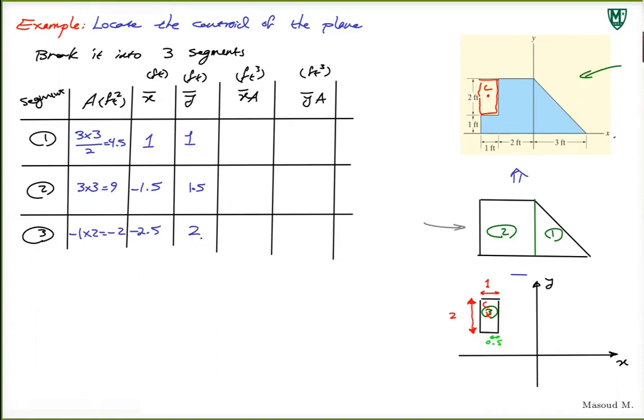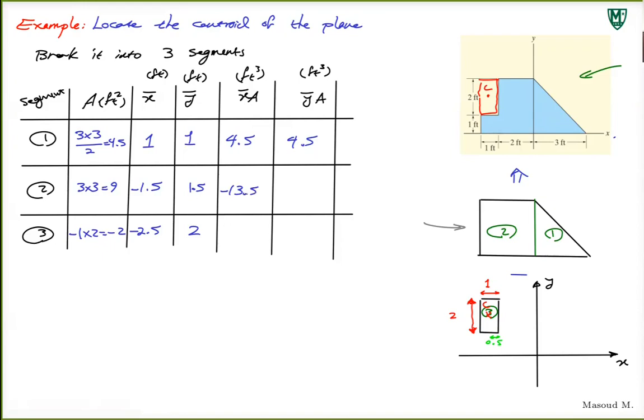Now the other 2 columns are just calculations. X bar 1 multiplied by area is just 4.5. Y bar multiplied by area, again 4.5. X bar multiplied by area for segment 2: minus 1.5 multiplied by 9 gives you minus 13.5.